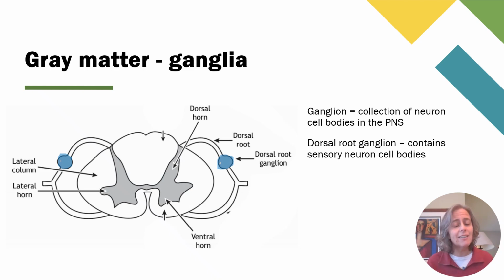It's exceedingly rare to have a neuron cell body living in the peripheral nervous system, but when they do, it's in a ganglion. Ganglion is the singular, ganglia is the plural. This happens to be part of what's called the dorsal root, so it is the dorsal root ganglion, and it is here that we're going to find the sensory neuron cell bodies that are actually the neurons bringing signals from the body, telling us about sensations that we are having.